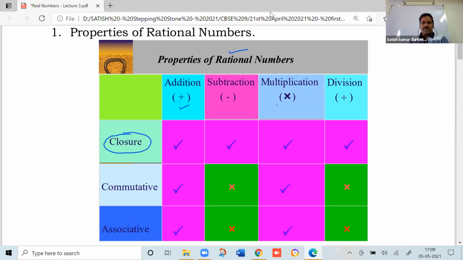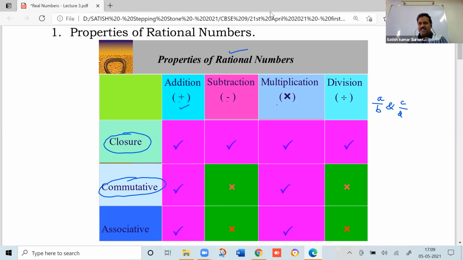Now, commutative property. What is the meaning of commutative property with respect to addition? Suppose I take two rational numbers, a/b and c/d.